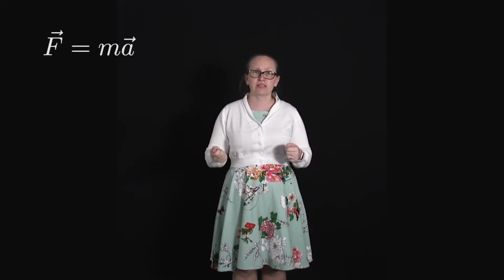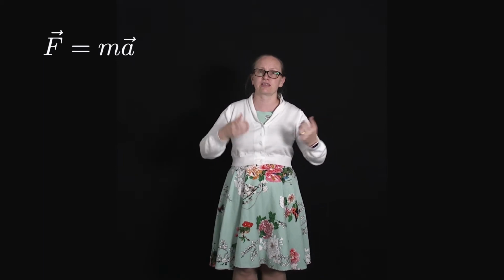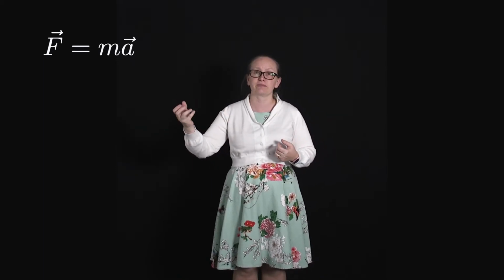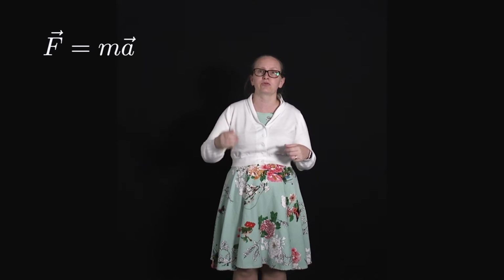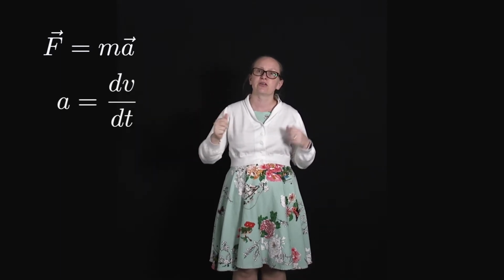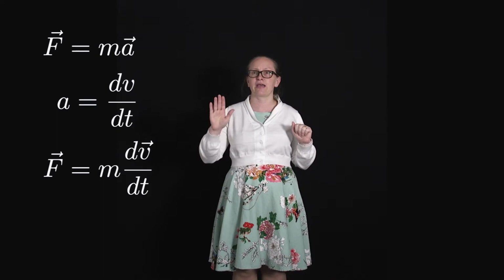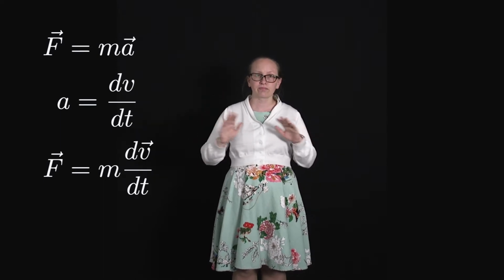Now we can actually relate the momentum of a system to the forces applied on it using Newton's second law. Newton's second law tells us that the force is equal to the mass times the acceleration. Now the acceleration of an object is equal to dv/dt. So we can write F is equal to m dv/dt.